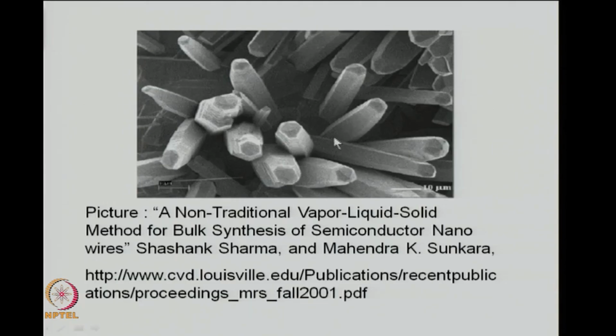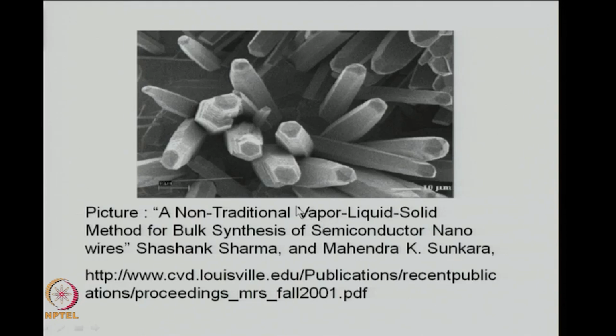These are other planes on the sides; you can see clear facets. The top facet belongs to a certain plane. These are single crystalline nanorods of zinc oxide made using the vapor liquid solid method.